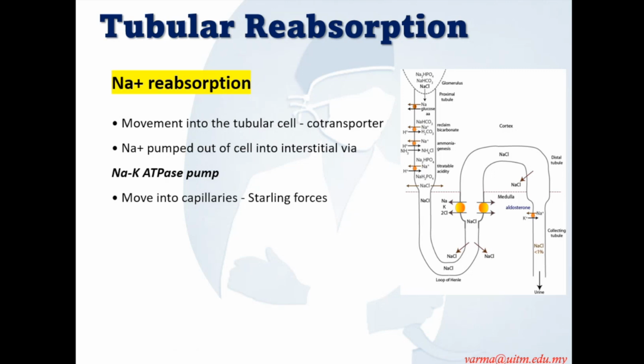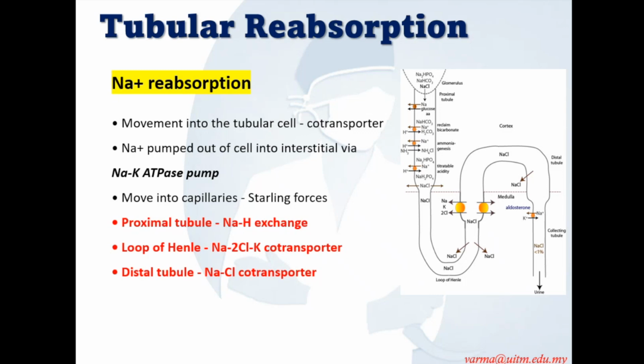The pump maintains a concentration gradient in the cell such that the tubule has a higher concentration, so sodium can diffuse back into your blood capillaries. We'll go into it in detail. Just remember this statement. And then from the cells into the capillaries is via Starling forces.